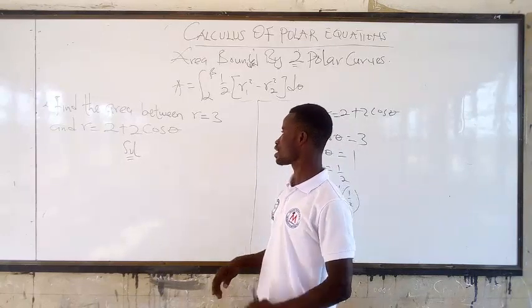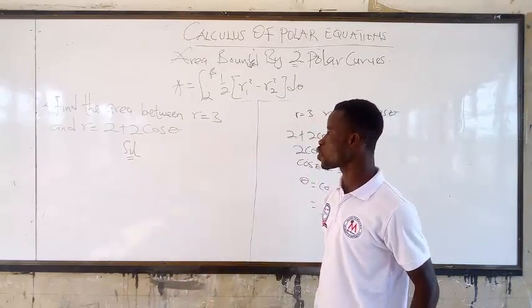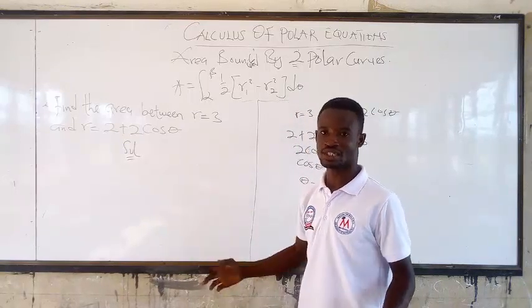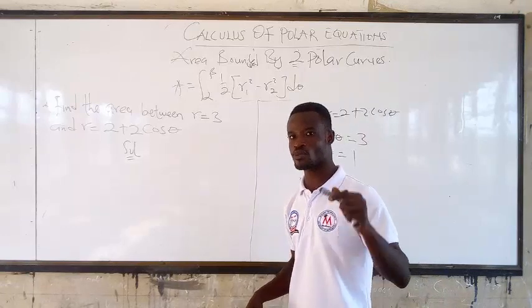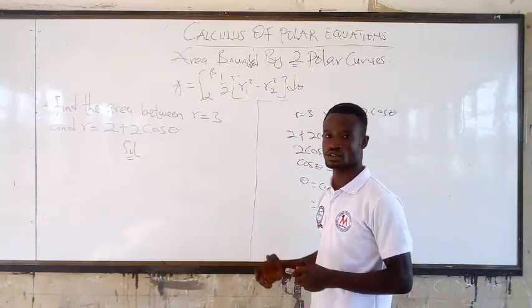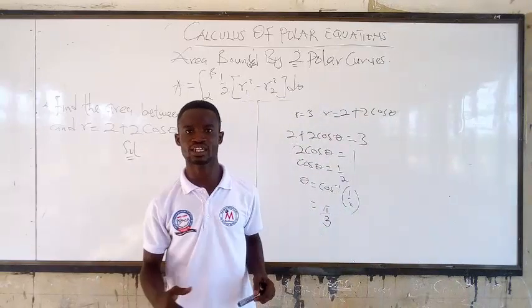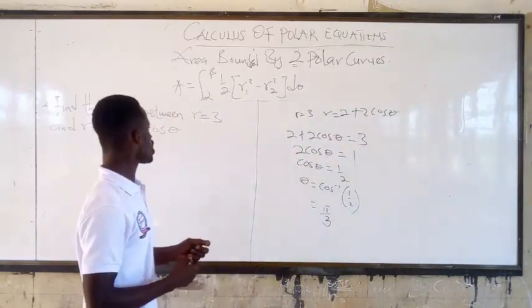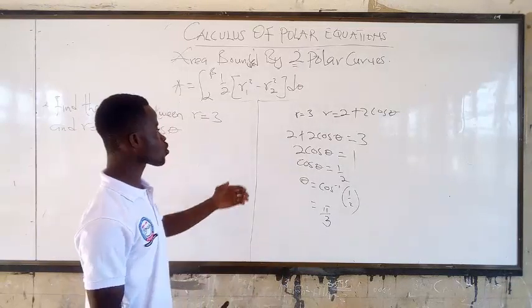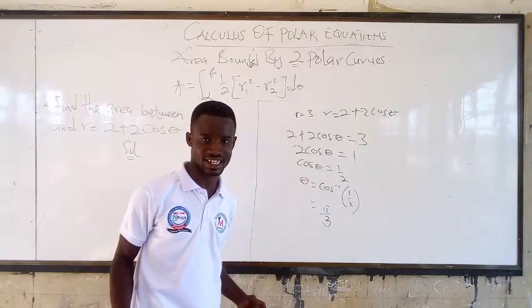Alright. So now, let's go. The first thing to do is to sketch it. But for me, I'm going to use the technique, because of time and the content here is finding the area. So now, to sketch it, first of all, you have to go for the point of intersection.